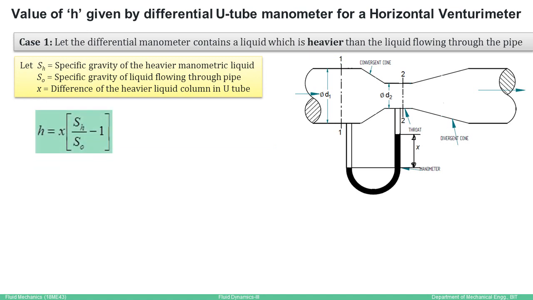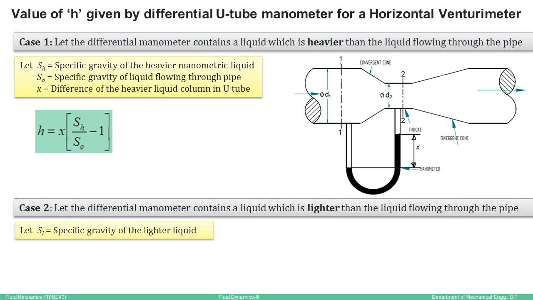I am not going through all the steps of how to get this h, so a direct expression is shown there. h is equal to x, which is the differential manometer reading, multiplied by Sh by S naught minus 1, where Sh is the specific gravity of the heavier manometric liquid, whereas S naught is the specific gravity of the flowing fluid.